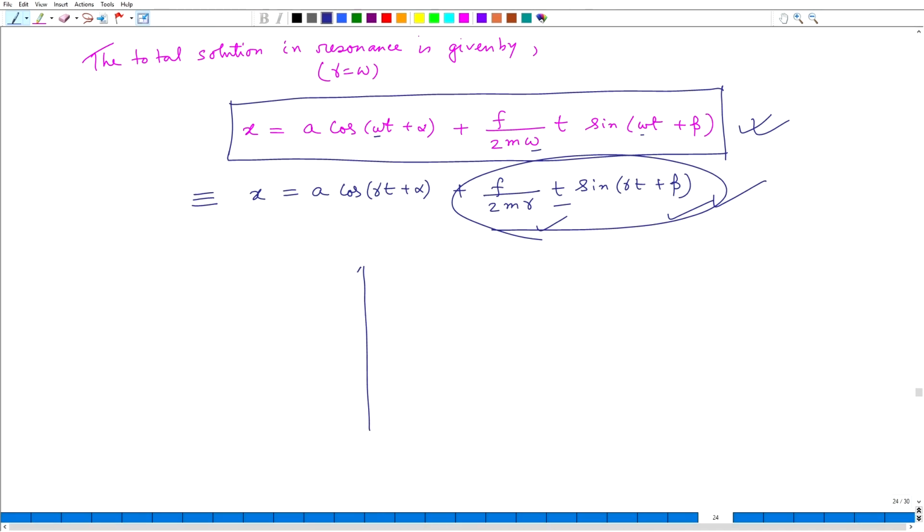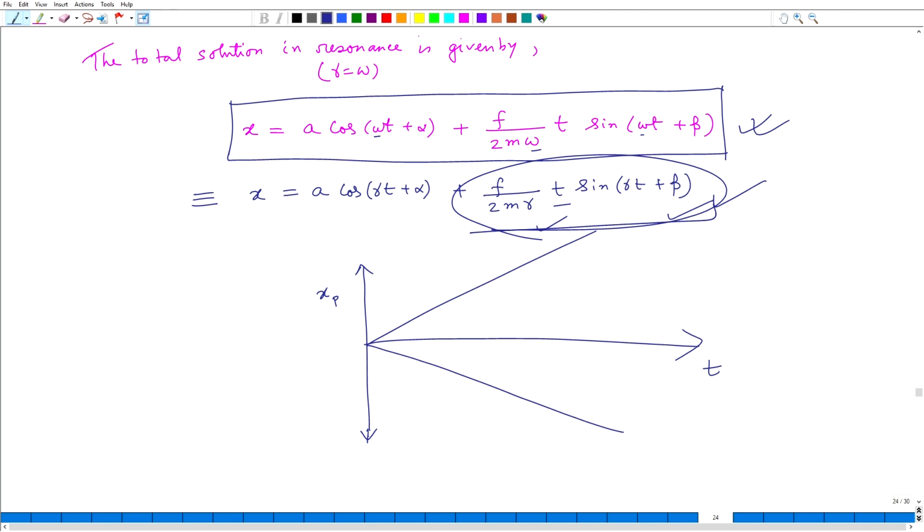Okay. So if we now just draw this y_r, so just this particular integral part, the real part of this we can actually draw like this. So x particular integral, with respect to t, this part actually I am plotting.